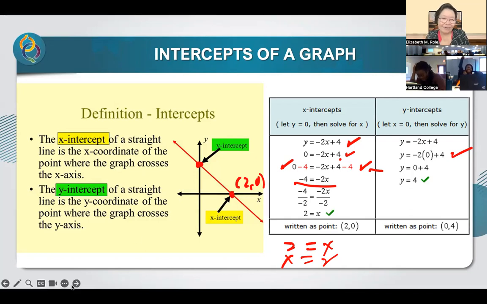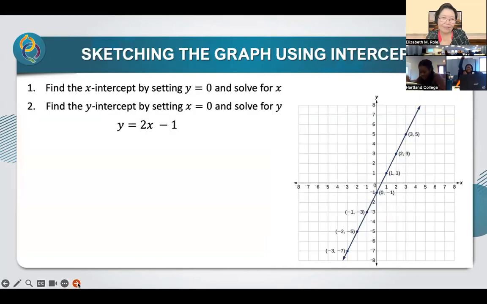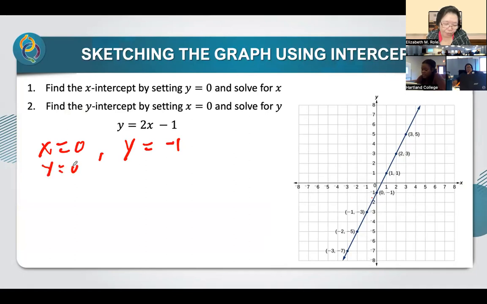All right, so it is just a review of what we have talked about. So similarly with this one, I already showed that this one is our y-intercept. The reason is because if x is equal to 0, y is equal to -1. Now, if y is equal to 0, what will be x?